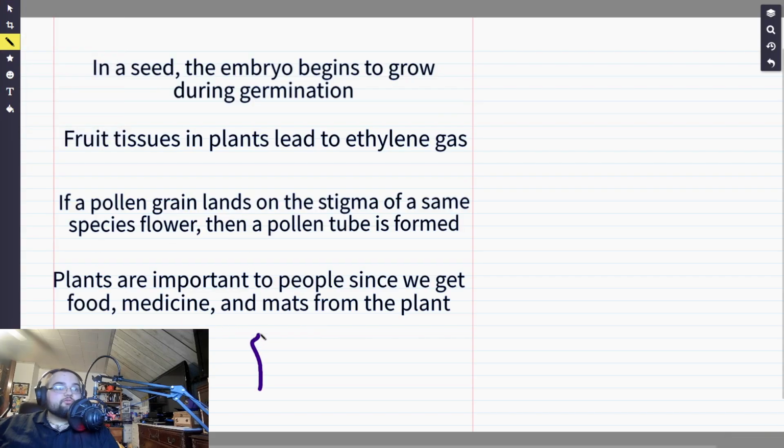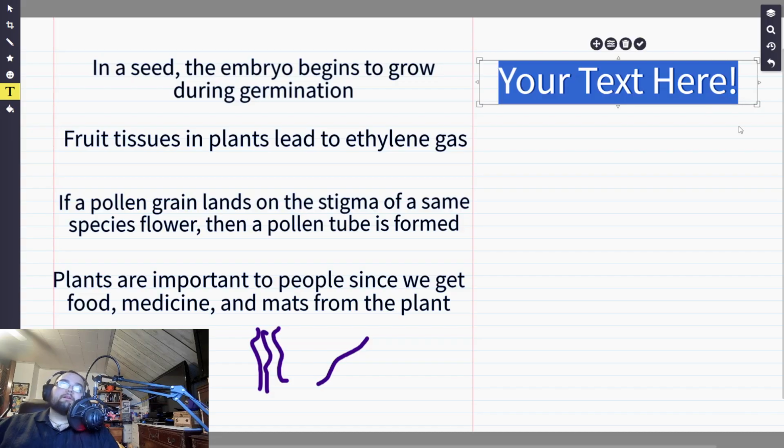String, we take shreds of grass, wheat, or other fibrous plants, and we kind of just beat them and shred them apart and dry them. And then we twine them together. That's how we get twine and string. They come from plants. So very, very important. Of course, there's the obvious one in the food. And medicine. A lot of medicine comes from plants.